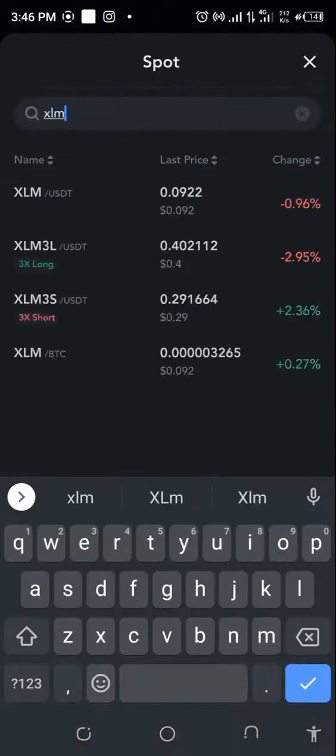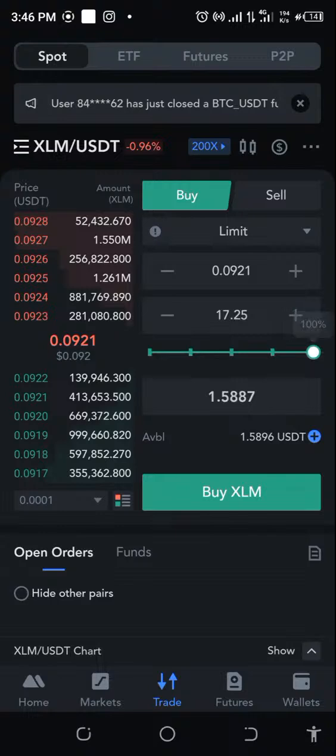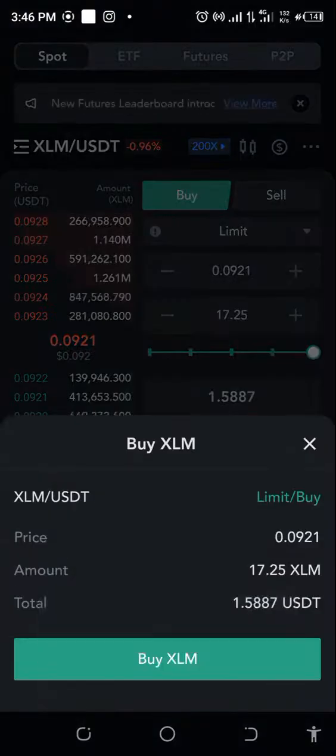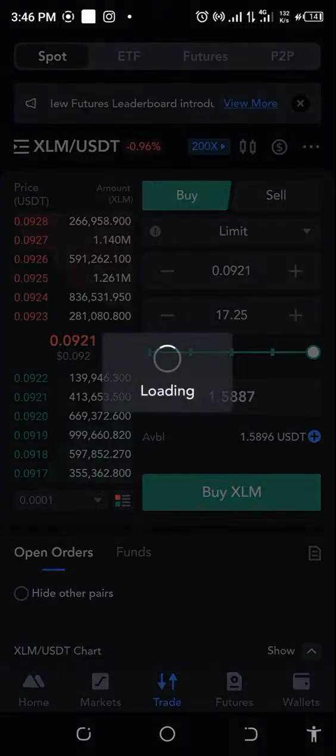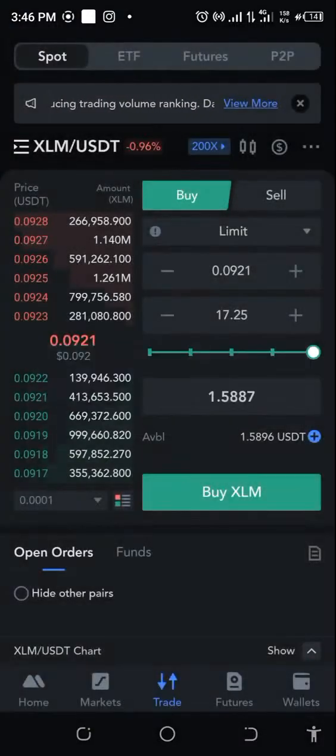But this is just a small amount, so it might still apply the restrictions. It says it does not meet the minimum order amount of 5 USDT. So the only way is to leave this here.